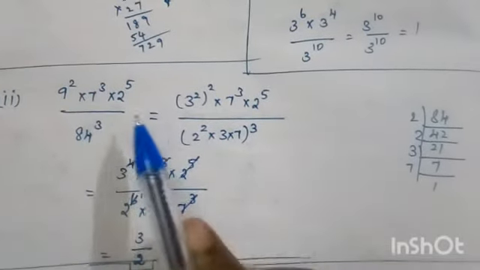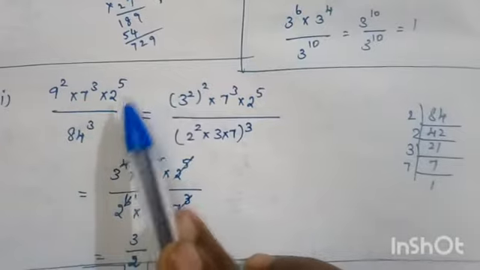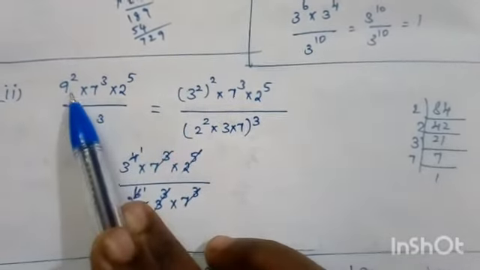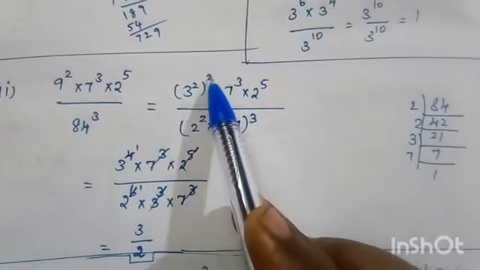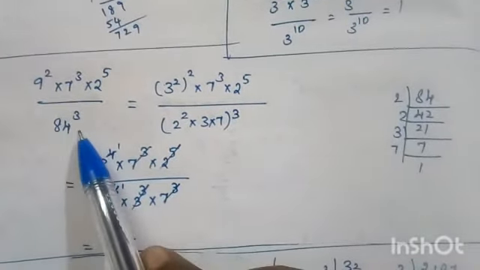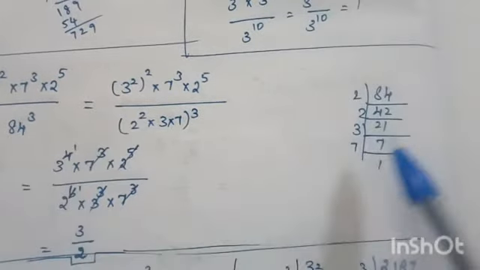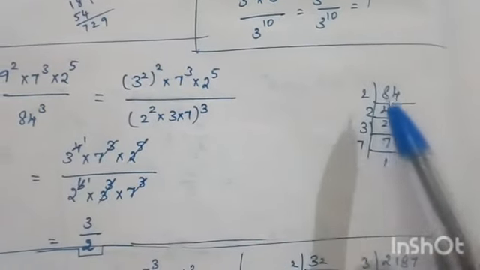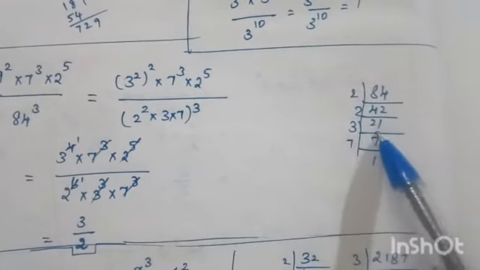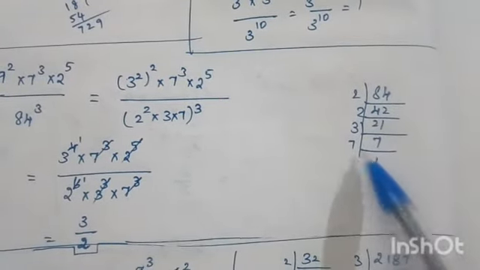Second problem: the given question is 9 square into 7 cube into 2 power 5 by 84 cube. Here 9 is written as 3 square whole square, 7 cube into 2 power 5, and 84 cube is rewritten by the factorization method: 84 divided by 2 is 42, divided by 2 is 21, divided by 3 is 7, divided by 7 is 1.